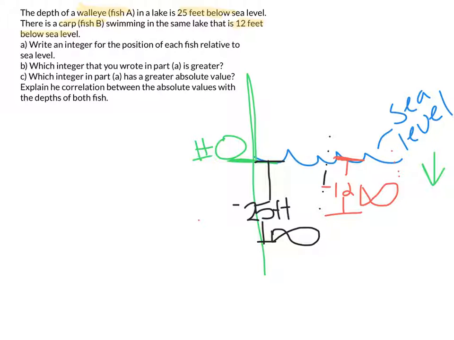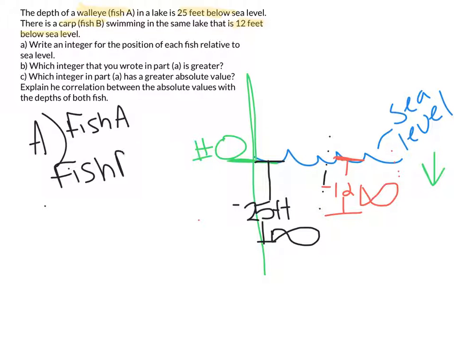Okay, so what we're going to do is we're going to go ahead and do the first part. Part A says, write an integer for the position of each fish. So, fish A and fish B. We kind of already did this in the picture. So for fish A, what would be the integer for the position?